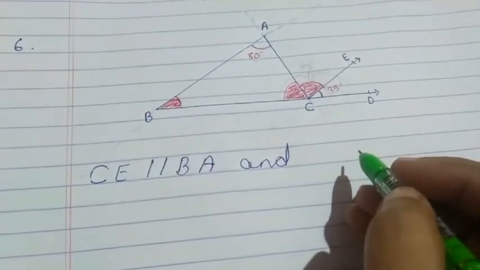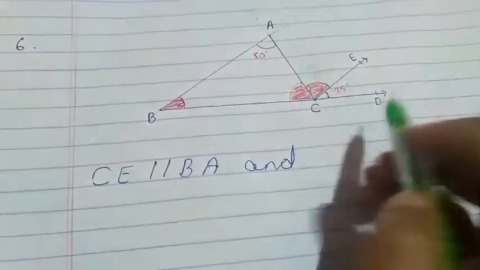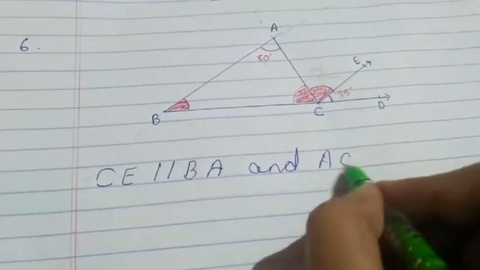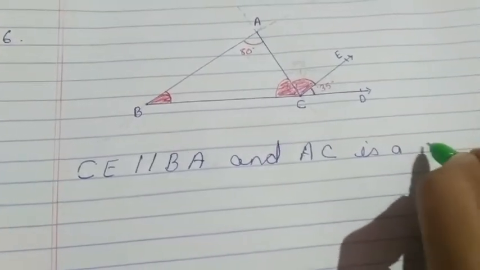So you can write here AC or CA. I write it here AC, and AC is a transversal.